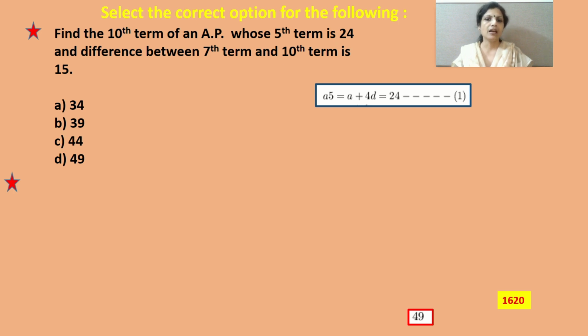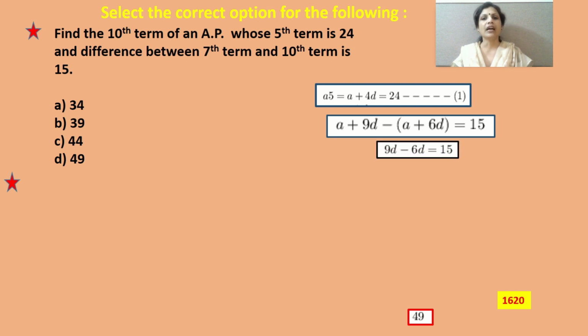So A10 minus A7 is equal to 15. But we know the formula. A10 is a plus 9d minus a plus 6d is equal to 15. If you solve it, you get 9d minus 6d is equal to 15. That is 3d is equal to 15, and so d is equal to 5. We got the value of common difference as 5.